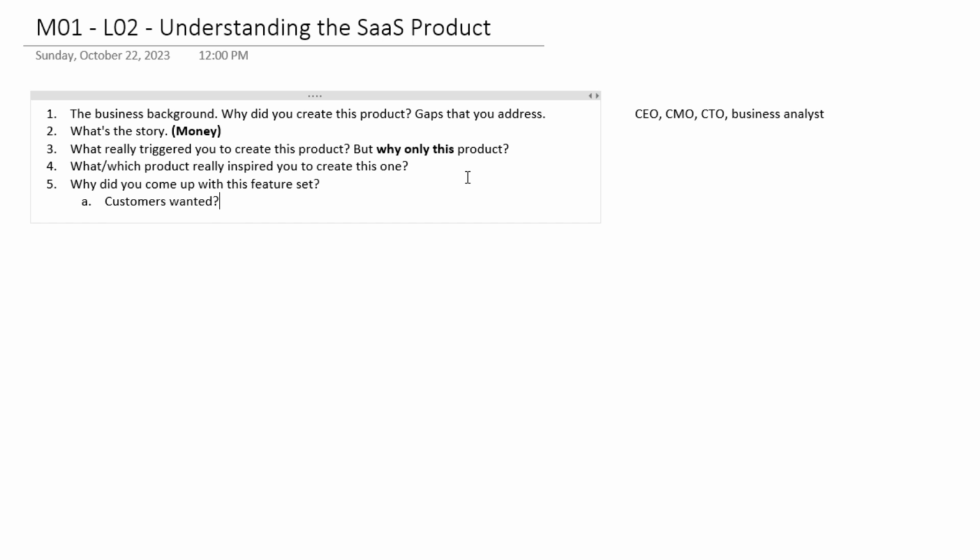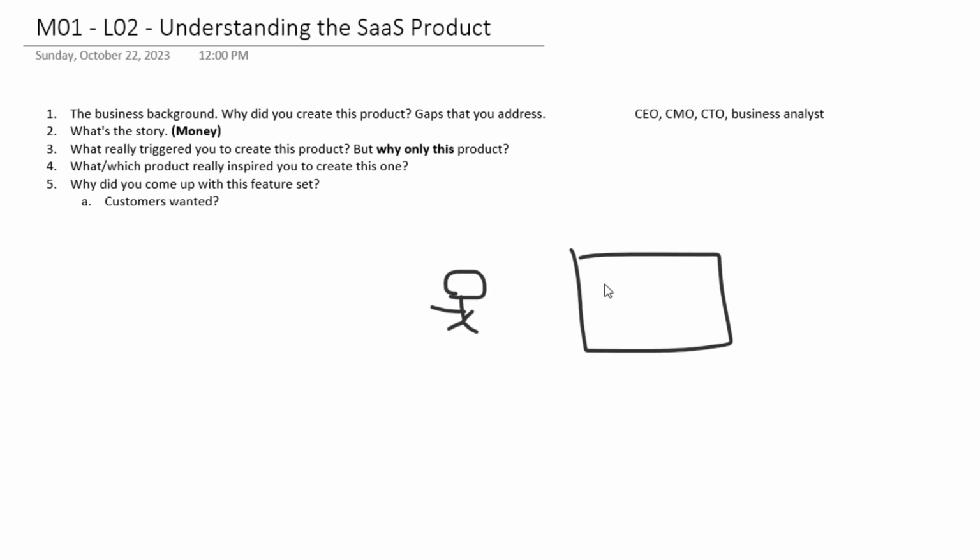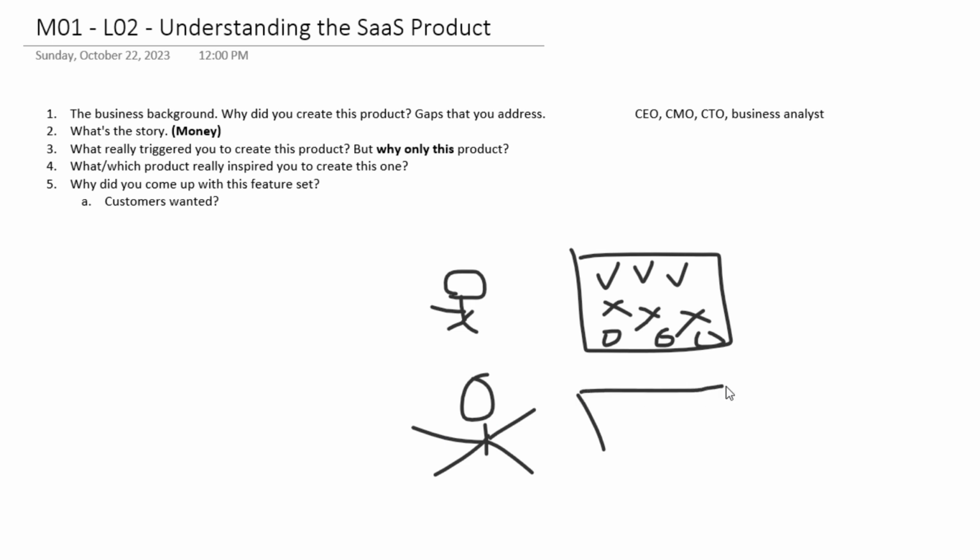For example, if customer A comes, let's draw this customer, he asks for software that has this and this and this feature set. Another guy came, and they required another software with this feature set.